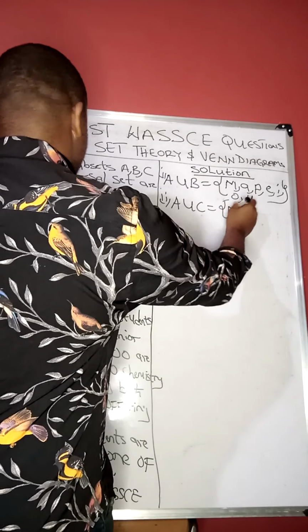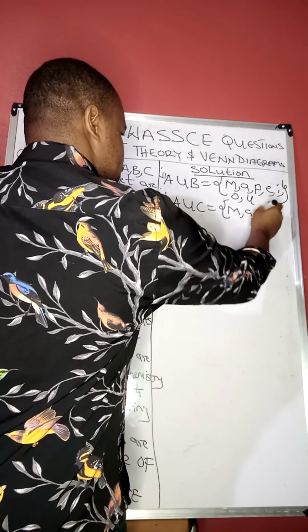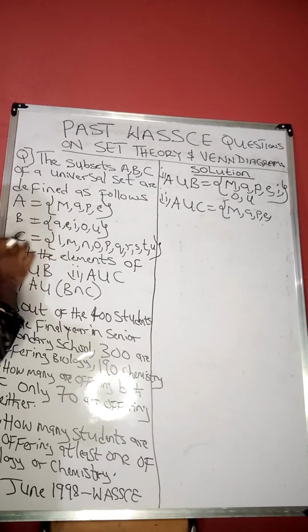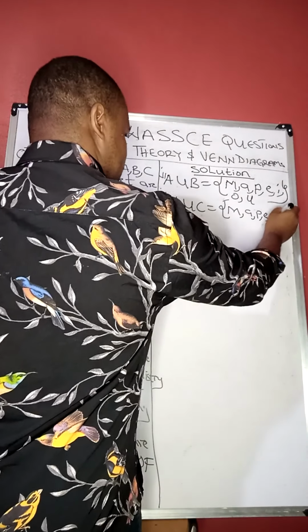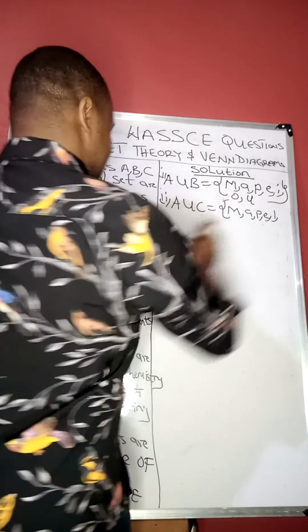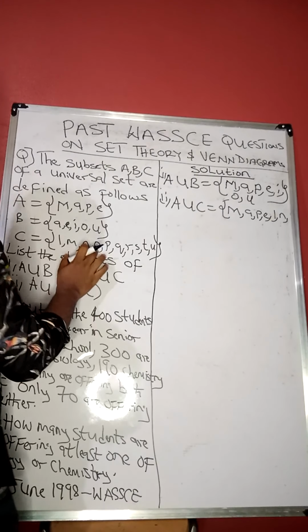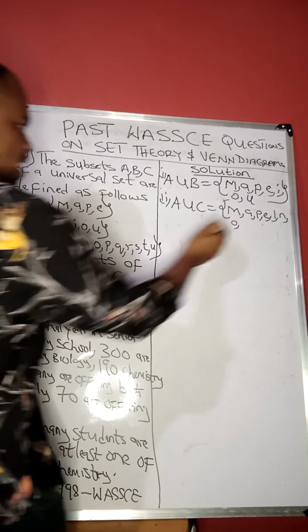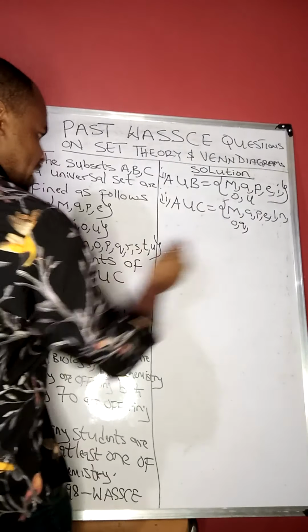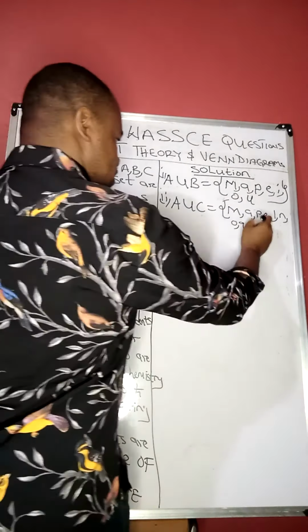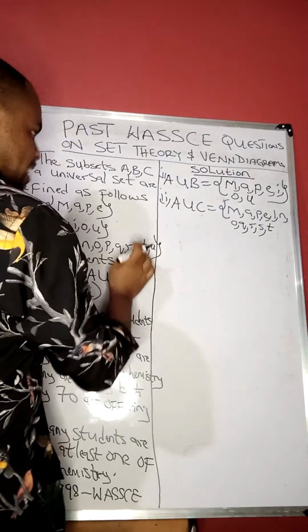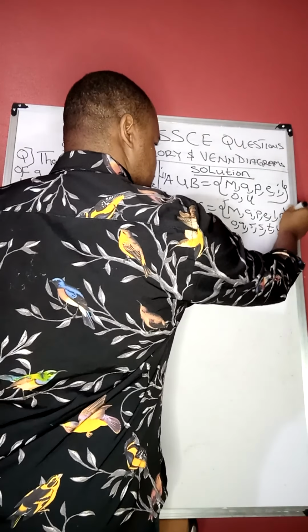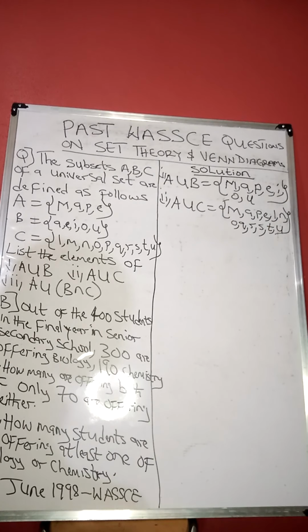So I list the elements of A: M, A, P, E. Then I list the elements of C. I have L. I have M, I've already written M. I have N, I've not written N, so I write N. I have O, I've not written O, so I write O. I have P, I've already written P. I have Q, R, S, T, I've not written T, and then I have U. So these are the elements of A union C.